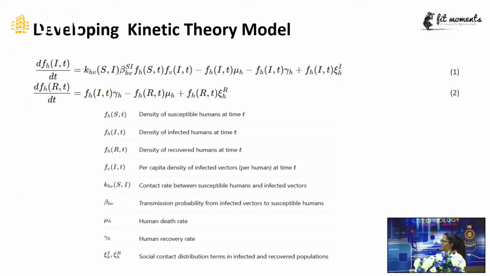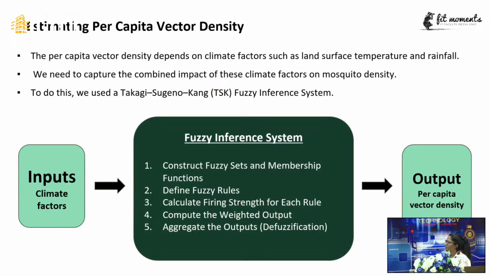So we developed a 2-dimensional SIR model. Here you can see it in equations 1 and 2. Those are the key parameters we use in our model. When considering our model, per capita vector density is the most important key parameter. To estimate the per capita vector density, we use a fuzzy inference system, because we want to capture the combined impact of climate factors and socio-economic factors.